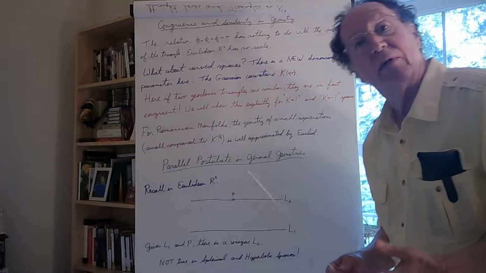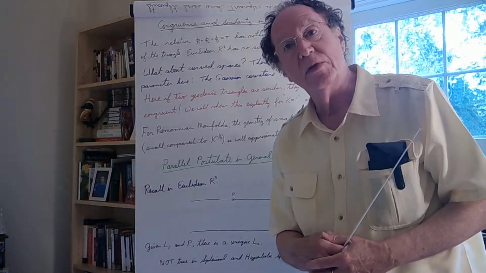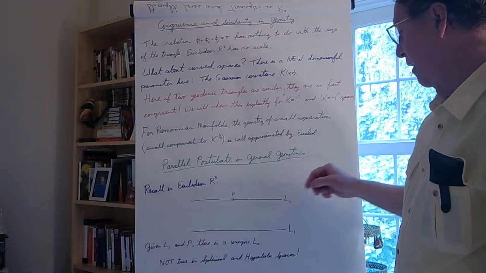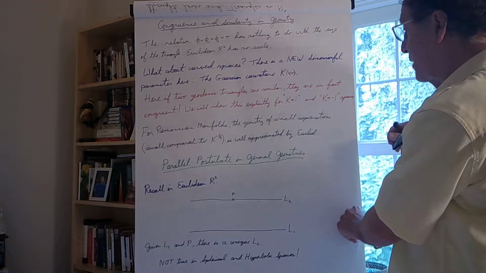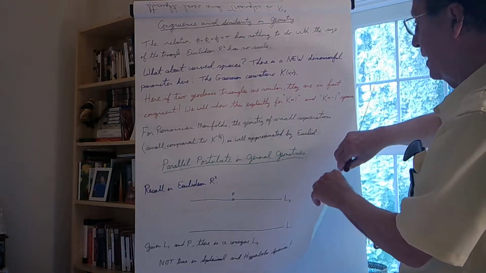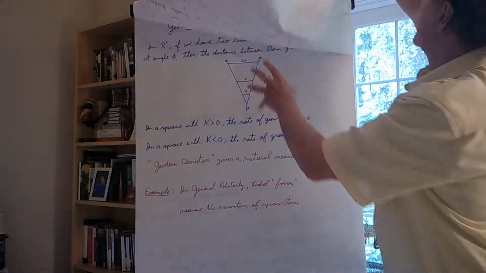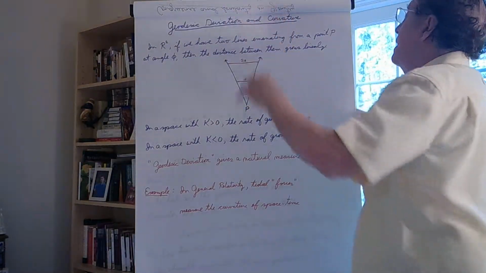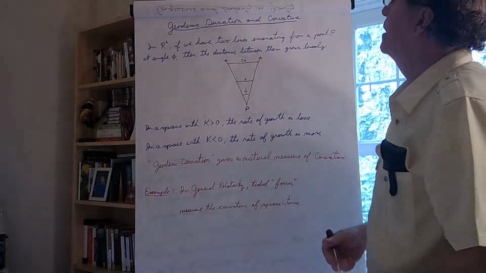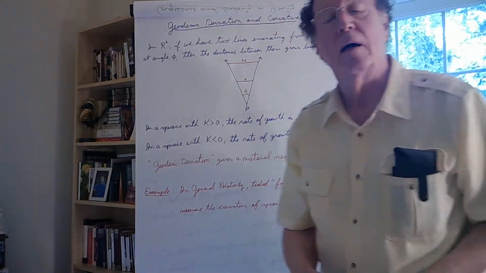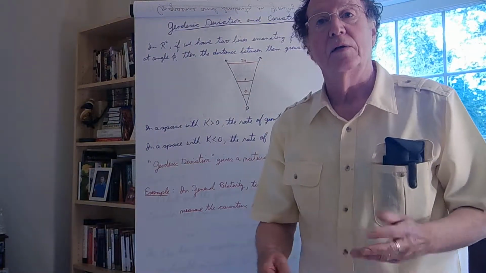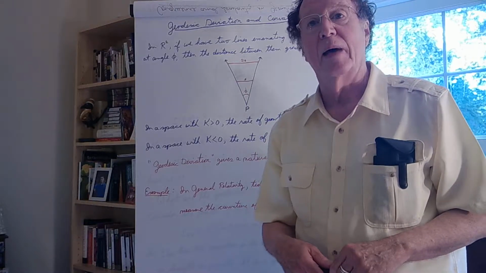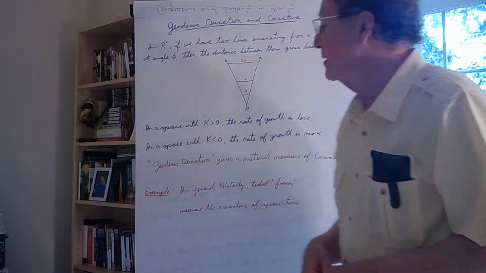The point is, however, that in spaces with curvature, it's not true. For example, on a sphere or if we have hyperbolic spaces, we'll see that the parallel postulate is not true. In fact, it was the discovery of hyperbolic geometry which led to some of the big developments in mathematics in the 19th century.